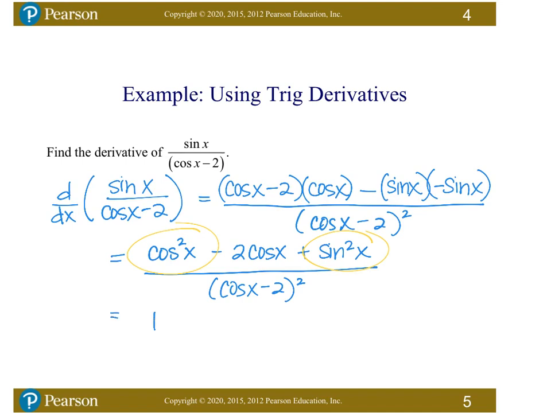So that's 1 minus 2 cos x over cosine of x minus 2 quantity squared. And that can't be simplified anymore. That would be as far as you'd want to take that.